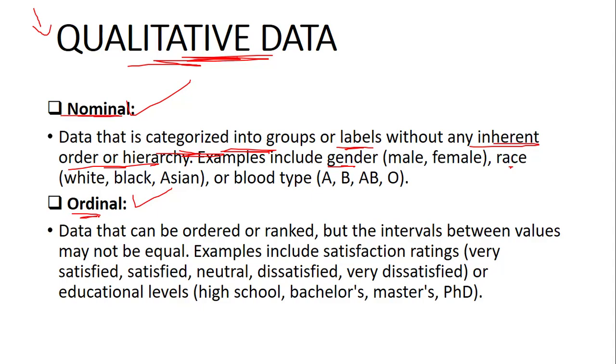These are the things that we used to undertake when administering the questionnaire. So that type of data that has a series of ratings, for instance, here we've got a satisfactory rating: very satisfied, satisfied, neutral, dissatisfied, and very dissatisfied.